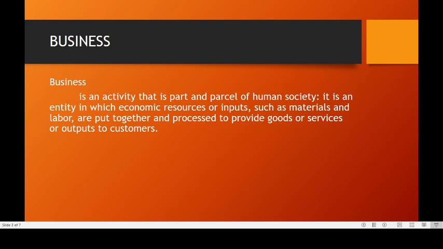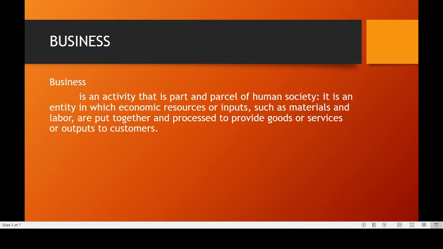If you look to your left, to your right, or your surroundings, there are businesses everywhere. It is an entity in which economic resources or inputs, such as materials and labor, are put together for the purpose of processing goods or services or outputs to customers.